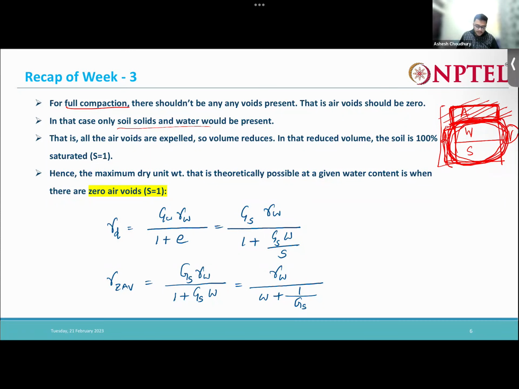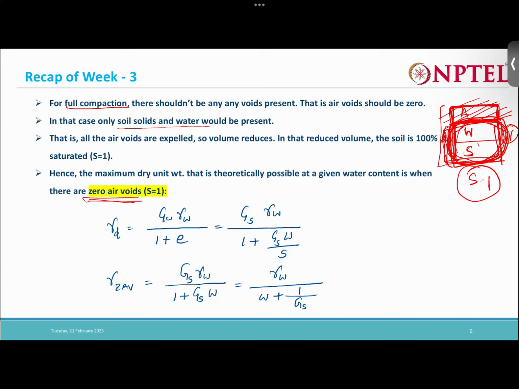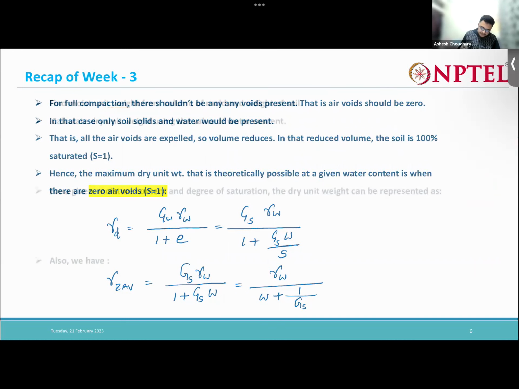So the maximum dry unit weight that is theoretically possible at a given water content is when there are zero air voids, and when there are zero air voids, my saturation is equal to 1. Because this is the reduced volume, and in this reduced volume there is only soil and water, so I can say that my soil is saturated in this volume. Remember, I'm talking about only this volume.